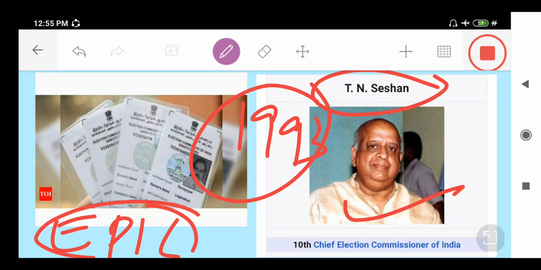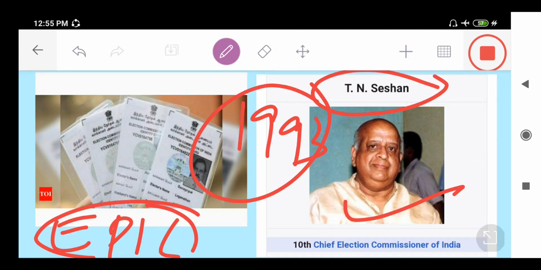This card is not compulsory for voting every time; we can use other proofs of identity, like ration cards or the driving license as well. But this card was specifically meant for this purpose in 1993 by this great personality, Seshan, to prove my identity, that I am the person who is going to cast this vote.